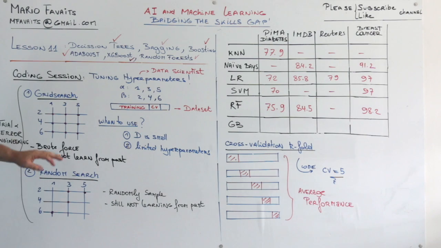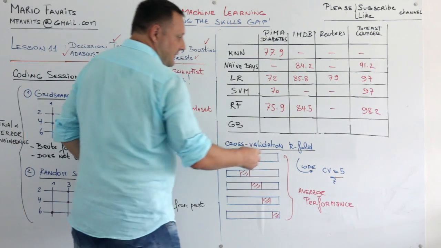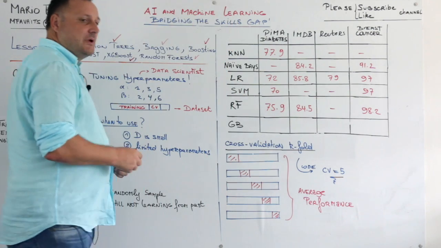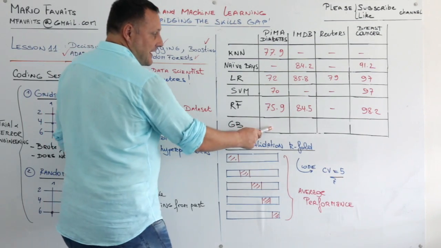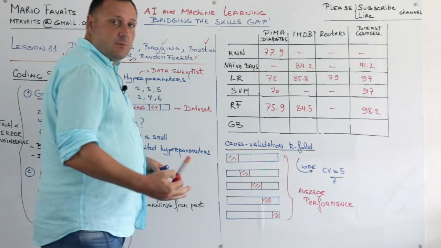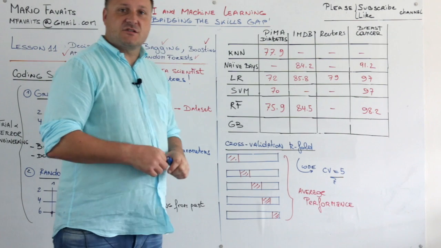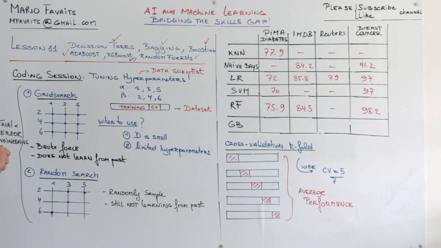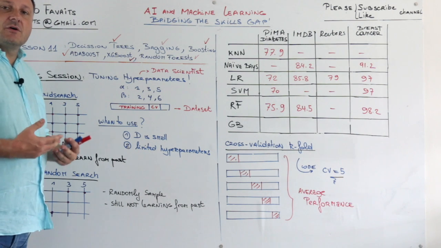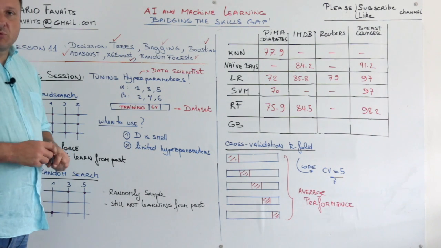I tried random search as well, and in this case it didn't work really well. I tried grid search here, and it worked really well because these two data sets are small. That's the main reason. So we need a more efficient way to find our ideal hyperparameters.